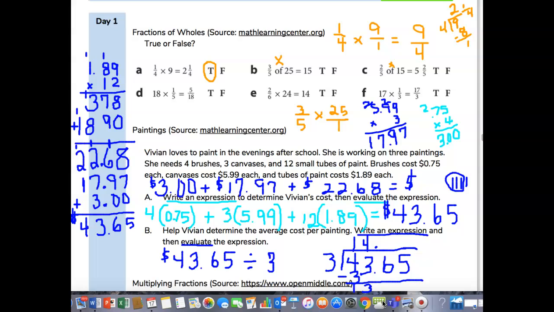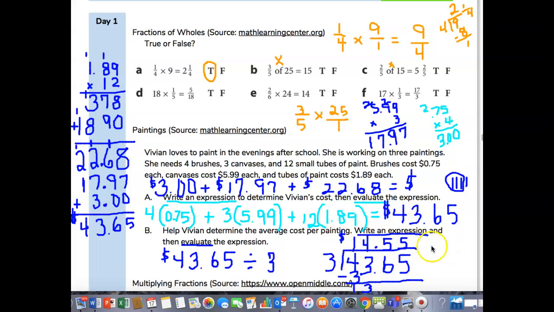So 3 times what is close to 16? 5. 5 times 3 is 15. 16 take away 15 is 1. And then bring down the 5, you have another 15. So you can do this on scrap paper and not run out of room. If I erase this to move it up, I will lose everything.